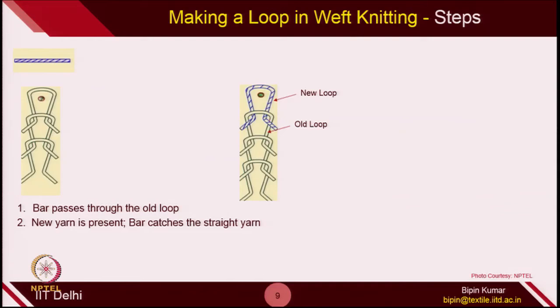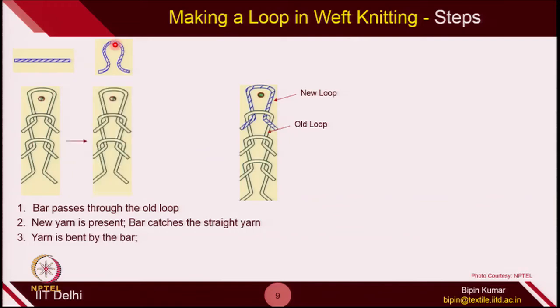So, the next step after catching the straight segment, that straight segment is bent in the form of loop by the same bar on the other side. Once that bent yarn is formed, that bent yarn is then passed through this old loop which is being held by the needle or bar.